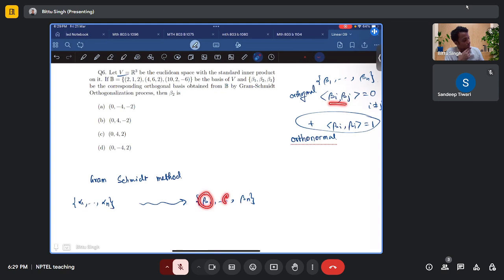If you take any two different vectors and take the inner product, it will be 0. So how do we obtain those beta 1 up to beta n?